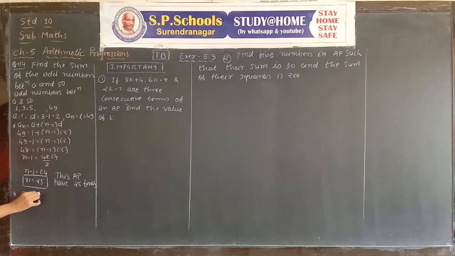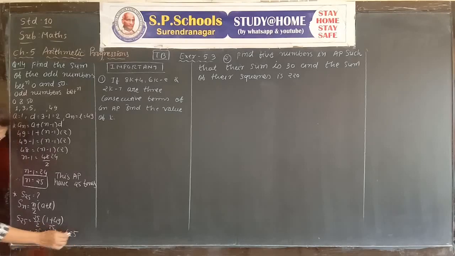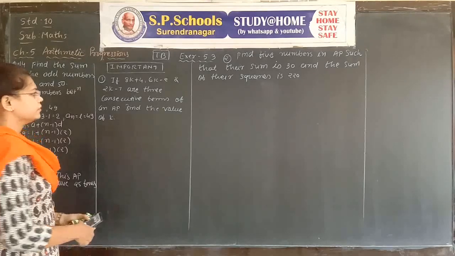As N is 25 and it is a finite AP, use the short formula N upon 2 into bracket A plus L, where instead of N is 25, 25 upon 2, where A, the first term, is 1 and the last term is 49. 25 upon 2, here is the 50. 25 times 25 which is 625. The sum of the odd numbers between 0 and 50 is 625.